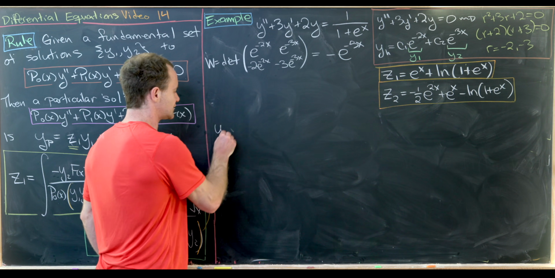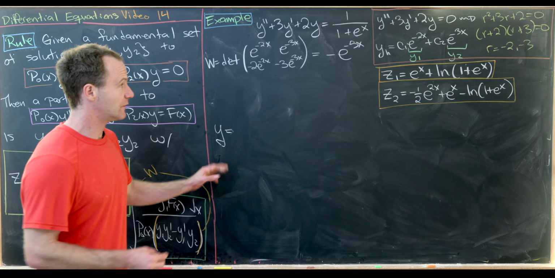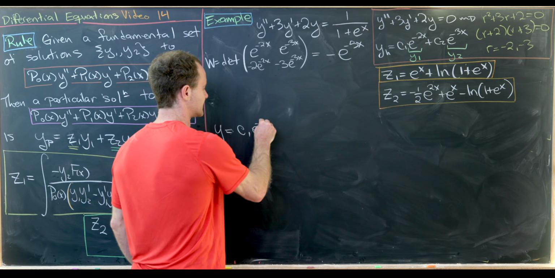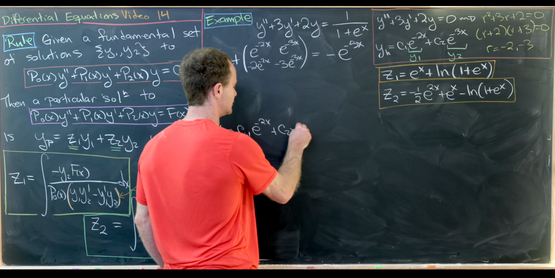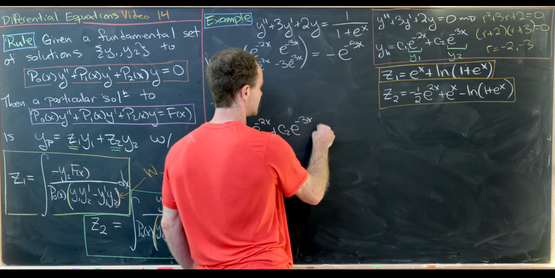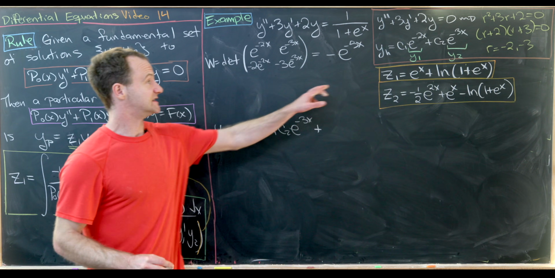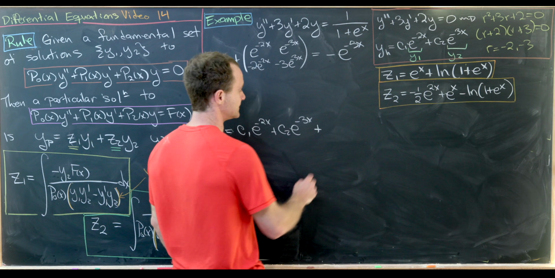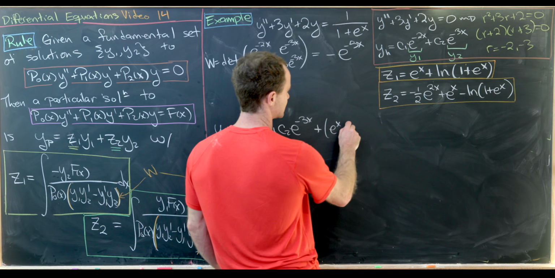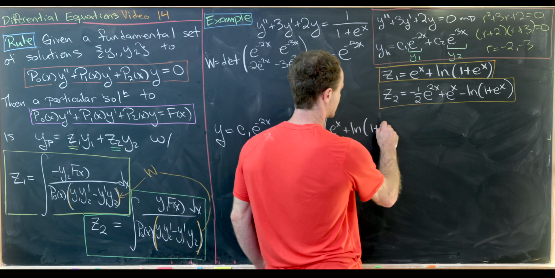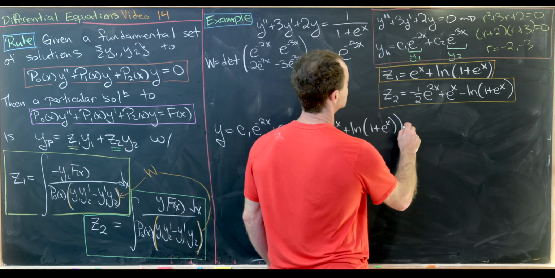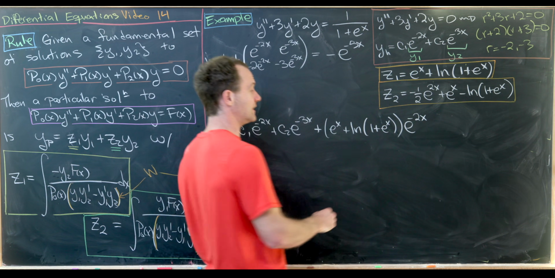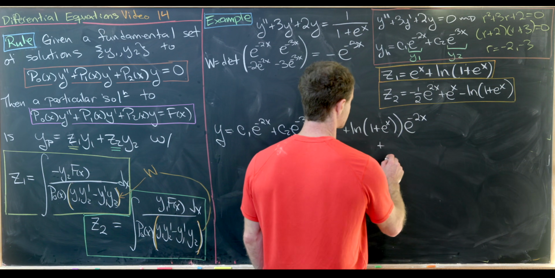So our final solution, y, will have our homogeneous part, so that'll be C1 e to the minus 2x plus C2 e to the minus 3x plus Z1 times y1 following this format. So that'll be e to the x plus natural log of 1 plus e to the x times, like I said, y1, which is e to the minus 2x, and then plus z2 times y2.